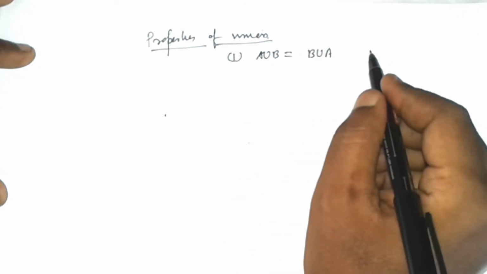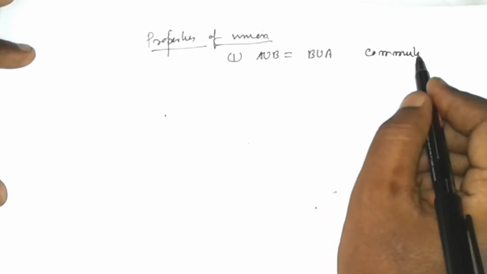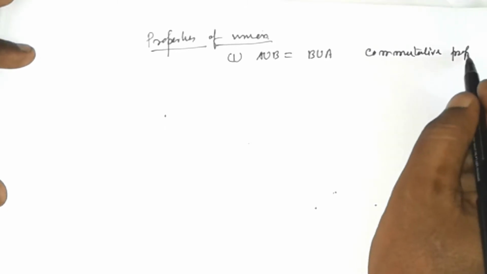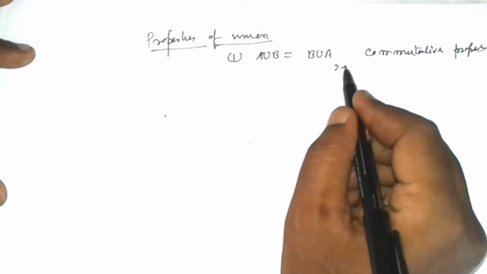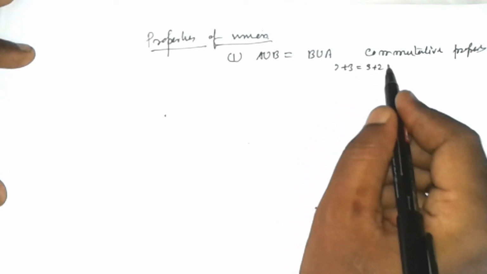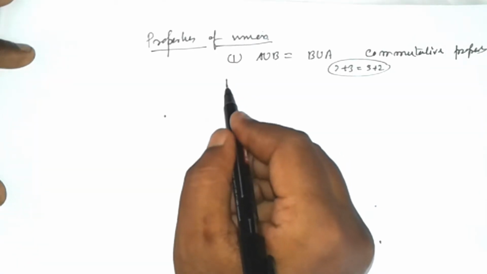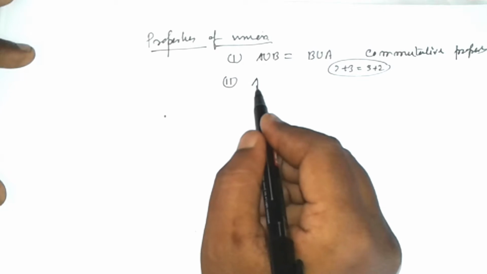A union B is equal to B union A. This is called commutative property. In the algebra we have seen that 2 plus 3 is equal to 3 plus 2 and so on. Commutative property. Associative property is there.